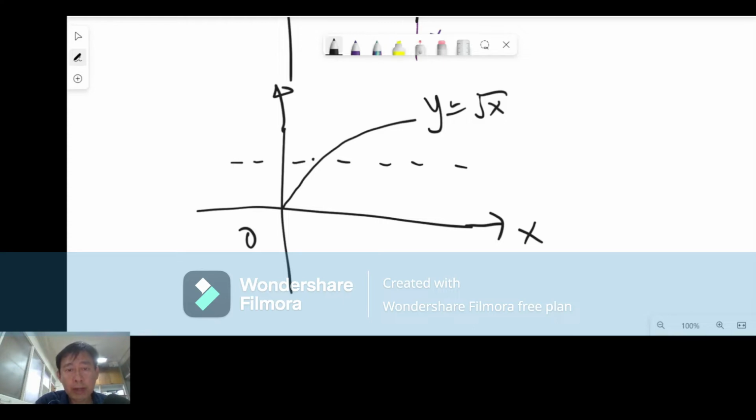You would like to take every point, say at x1, to a point closer to the y-axis at a value of x2. That is what we mean by compressing the function horizontally.